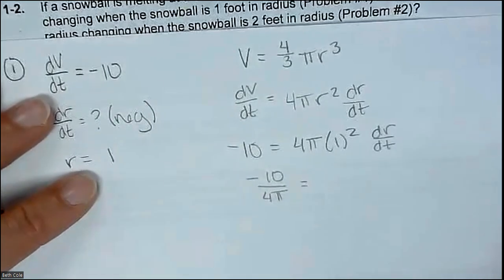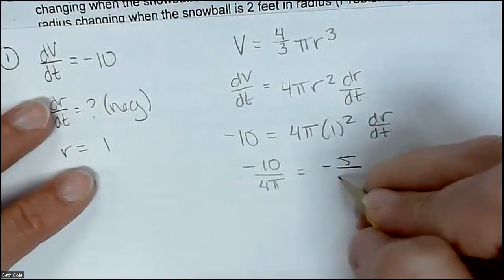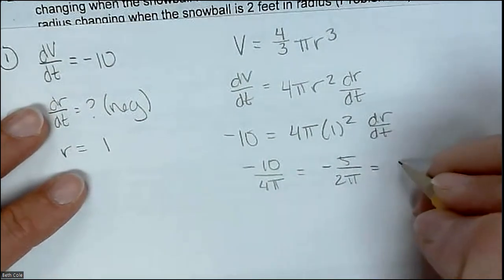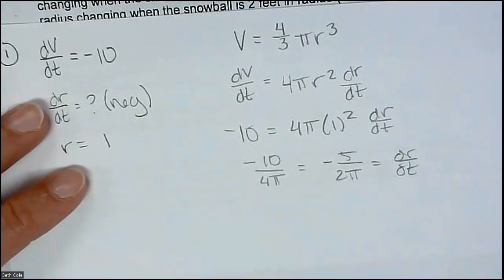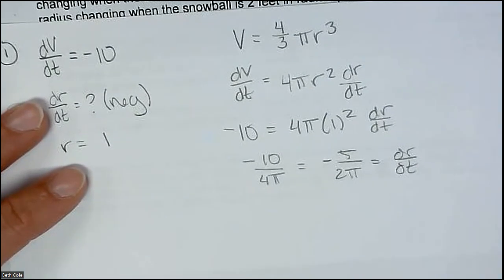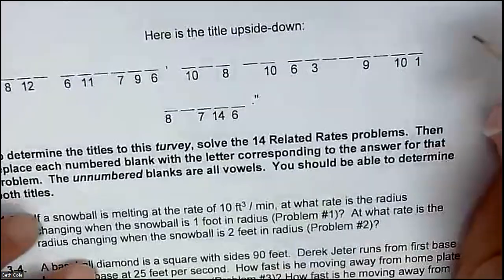Now that's going to reduce. 10/4 would be -5. So -5 over 2 pi. The pi is in the denominator. Do you see that? So we divided that over. So go to your answers list and find -5 over 2 pi. What letter is it? G. All right, for 1, you can put G.